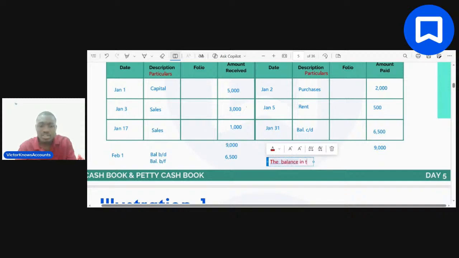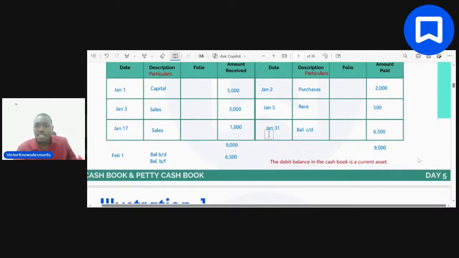The balance in the cash book is a current asset. Let me put it in perspective. The debit balance in the cash book is a current asset.